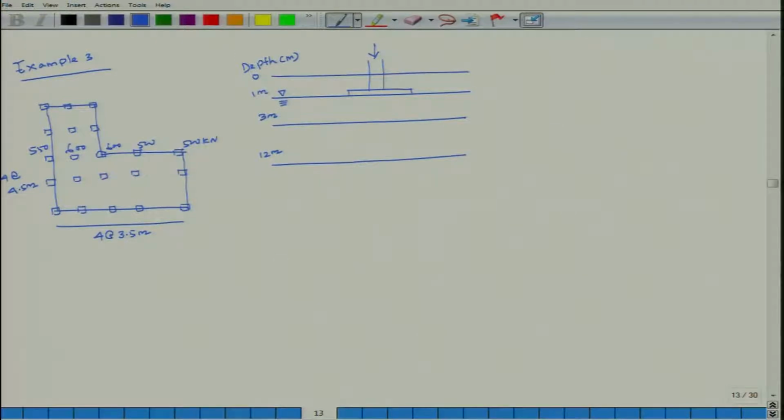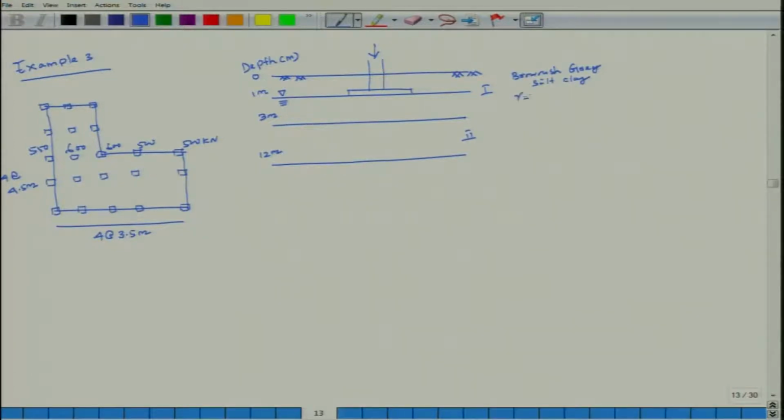and there are two zones. If I can write it, the water table is located below 1 meter, this is your ground surface. This is zone 1 and this is zone 2. In zone 1 it is brownish grey silt clay.